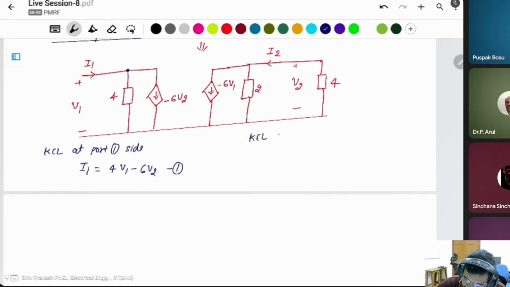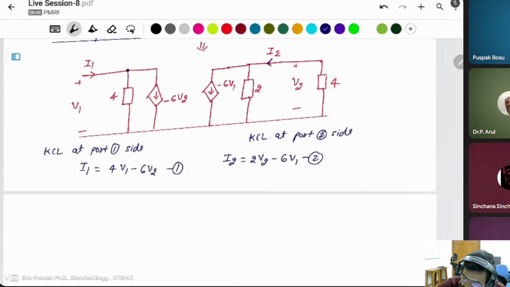Same KCL at port 2 side. This current is coming in and divided into two parts. There is the same equation: I2 is equal to 2 V2 minus 6 V1.